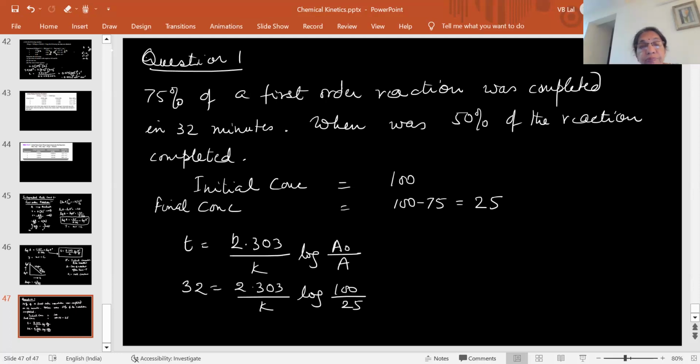So K will be equal to 2.303 divided by 32 into 0.6020.